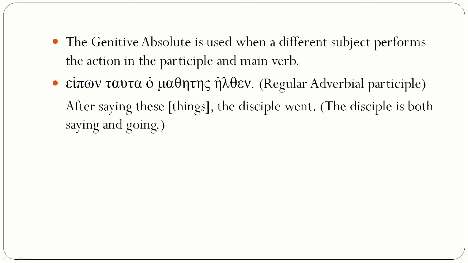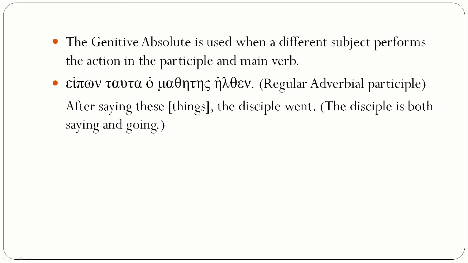What is the difference between the genitive absolute and just a regular adverbial participle? The genitive absolute is used when you have a different subject performing the action in the participle from the subject of the main verb. You're going to have two verbal ideas here, the main verb idea and the participle idea.